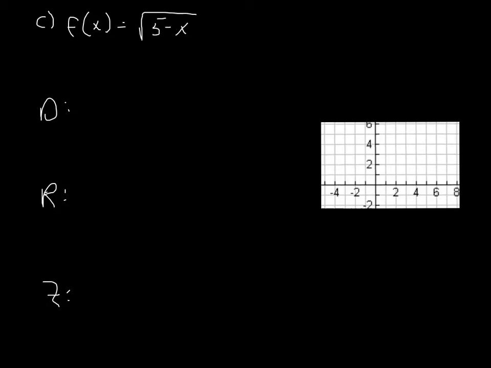We got f of x is the square root of 5 minus x. Now, whenever you take the square root of something, that has to be what kind of number? Positive or negative? You can't take the square root of negatives. It's complex. So that number has to be positive. Well, if we know that, then we know it's got to be greater than or equal to 0.